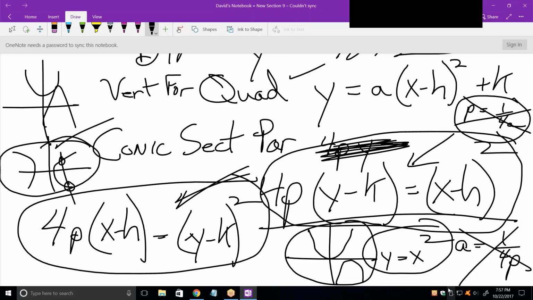But now that you're in Algebra 3, you're studying conic sections. And parabola is a conic section. It not only has a focus and a directrix, but it has this magical reflective property. So there's all kinds of things about parabolas that you didn't learn when you studied quadratics, but you're learning now.